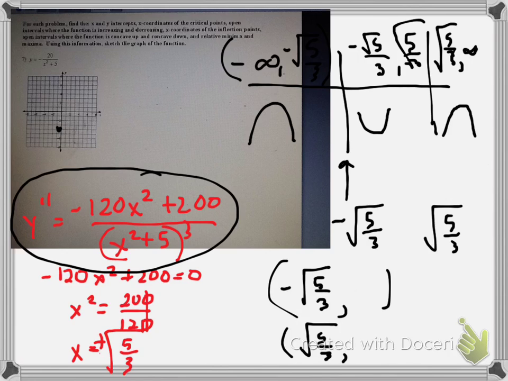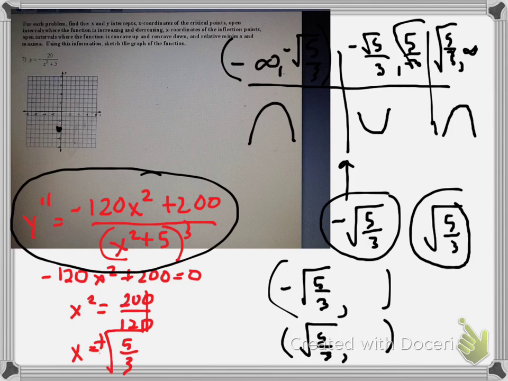And the y coordinate is something you can plug in. I'll let you plug it in if you really want to know what it is. I'm not going to go ahead and find it. I know that radical 5 is close to 2, so this is close to -1 where this happens. So if you have to make a sketch, you know it's concave down to the first one, and then it's concave up between them, and then it's concave down again.